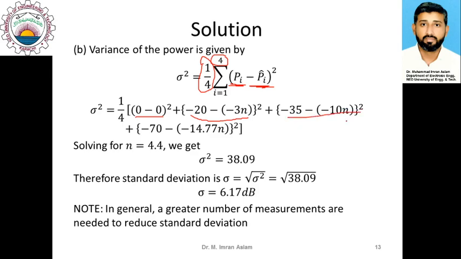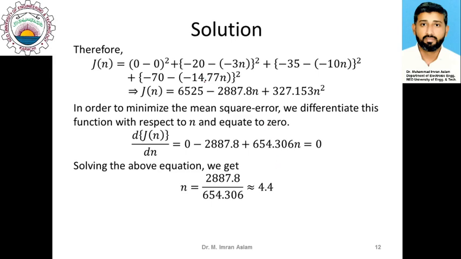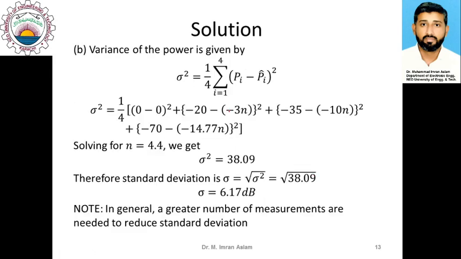Similarly, we have calculated the difference of squares for the third value, which is minus 35 minus of minus 10n. From the previous part, part A, we have already calculated the value of n, which was 4.4.